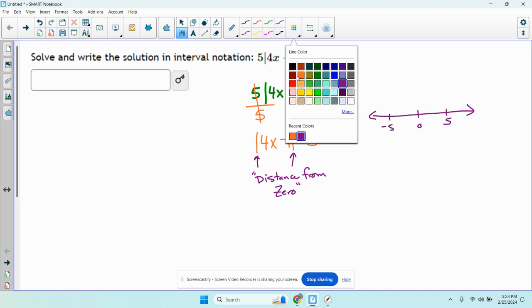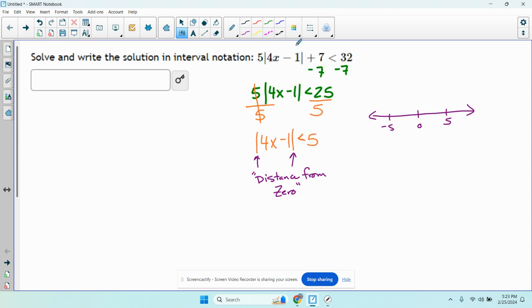So forget about x for right now, but 4x minus 1, since the absolute value of 4x minus 1 is less than 5, 4x minus 1 has to live within here. Whatever I get when I do 4x minus 1, the solution should be between negative 5 and 5, within 5 from 0 because it's less than 5.